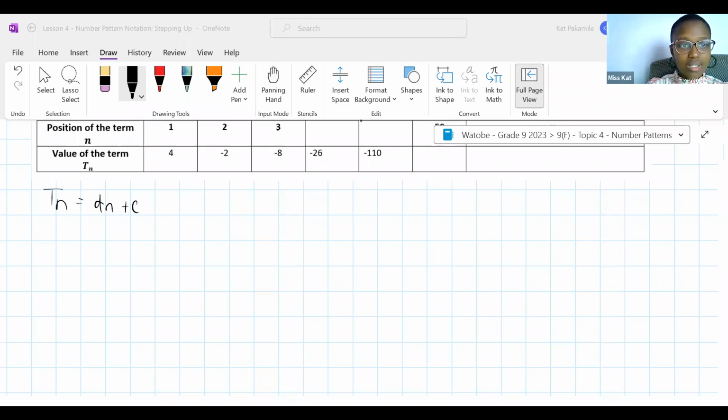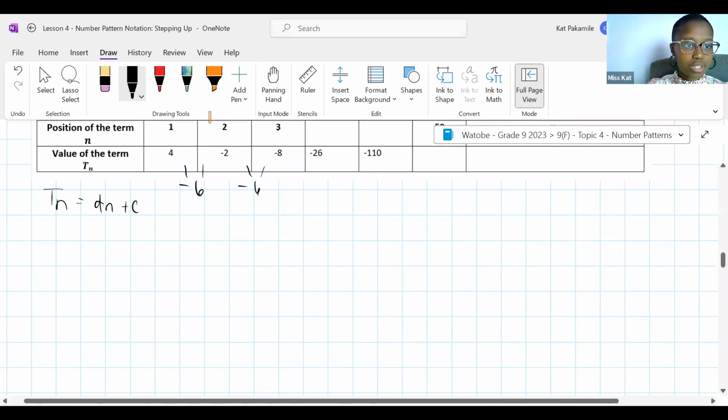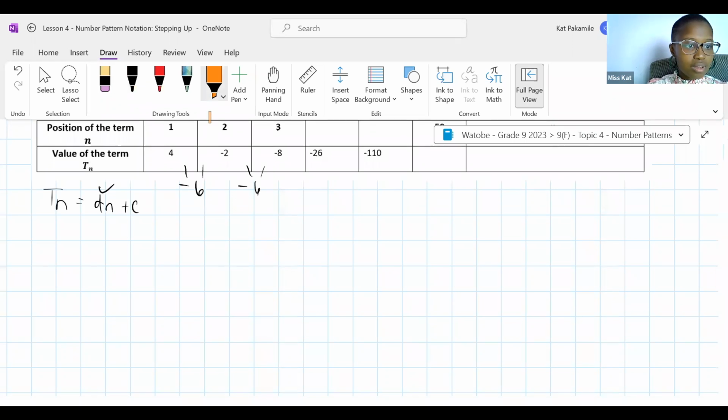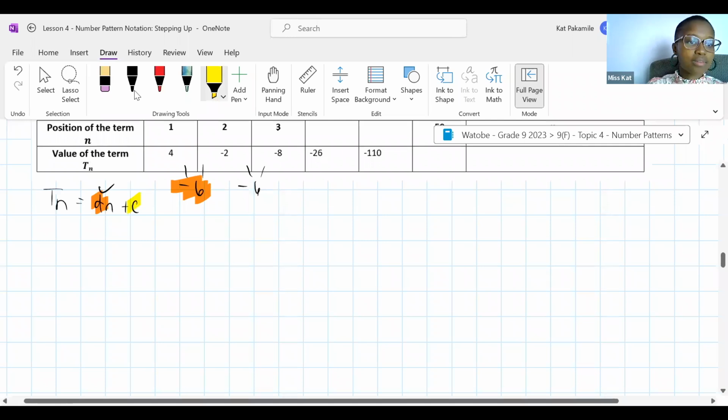It's -6. Love it. Now what? So now we need to find the position of -26.